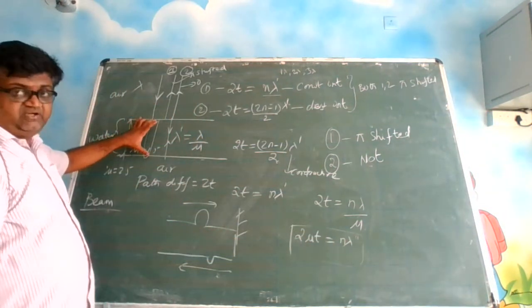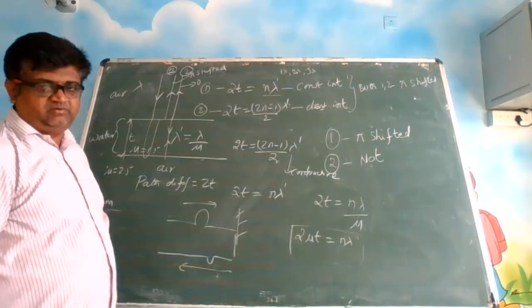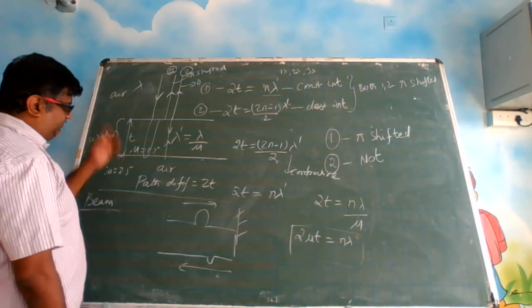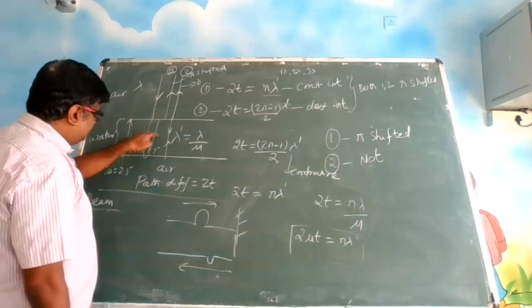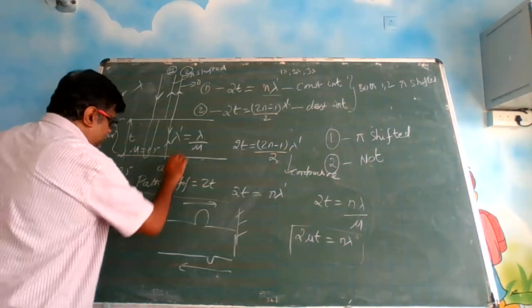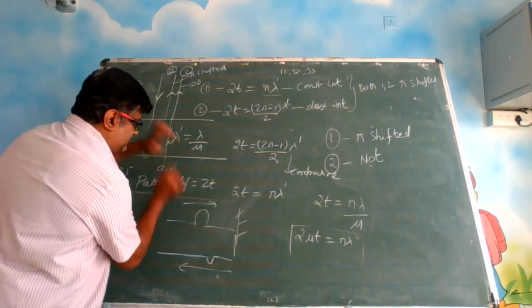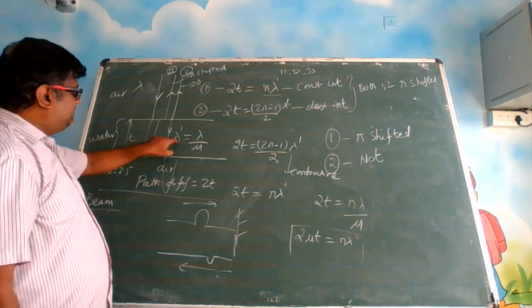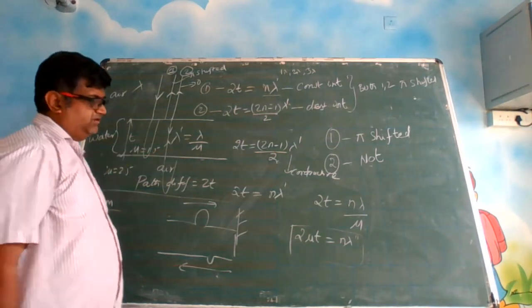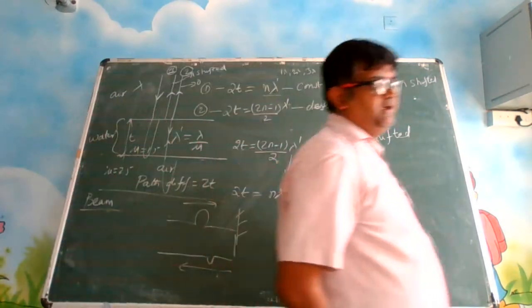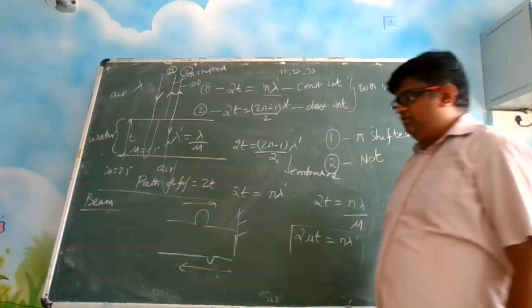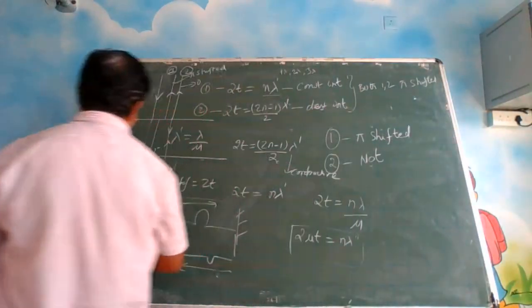Lambda in this region, not lambda in the other region. Where is the wave traveling? Is it traveling here or here? You have to put the lambda here. So remember, you have to put the lambda dash value, not the lambda value. This is the concept behind thin film interference.